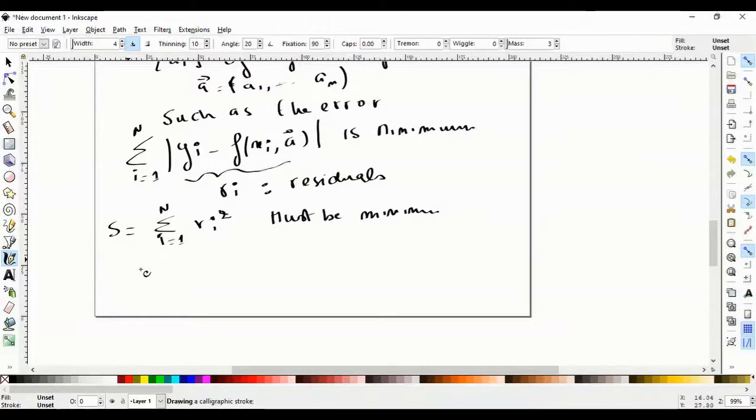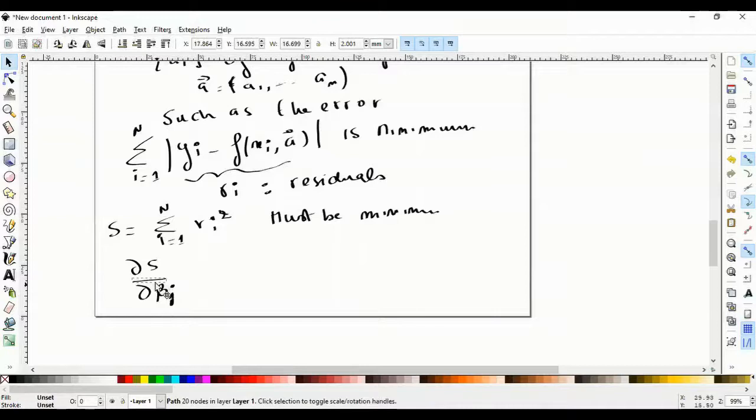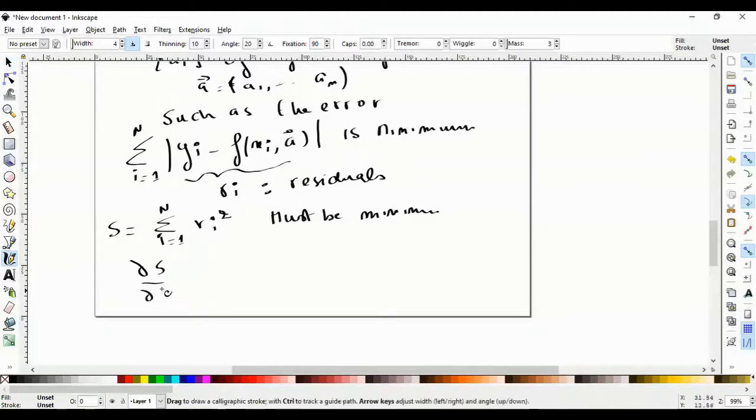What you want is that ds over daj is equal to 0, so this sum is minimum for the different aj, with j going from 1 till n.